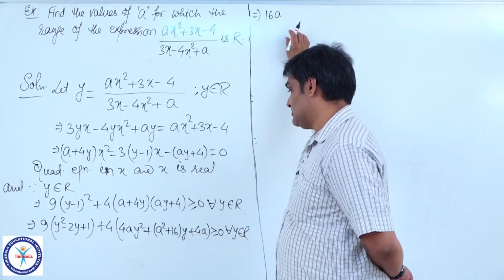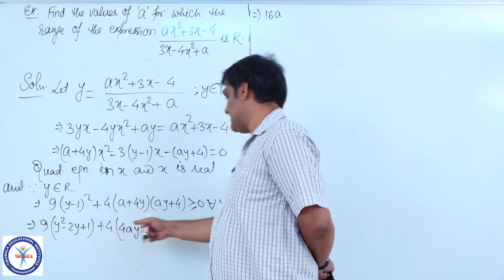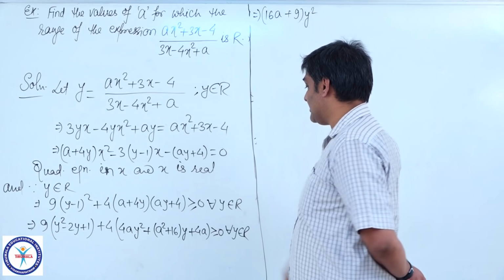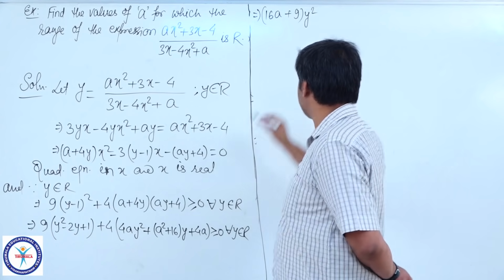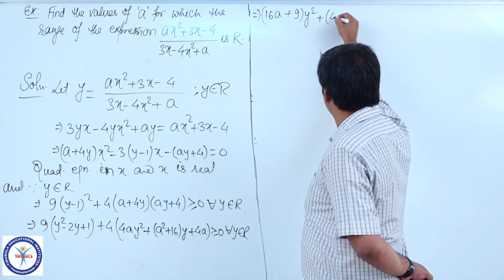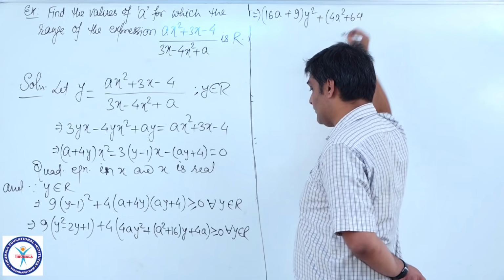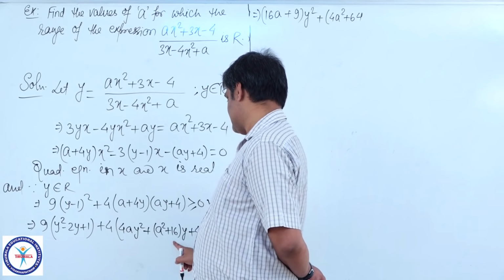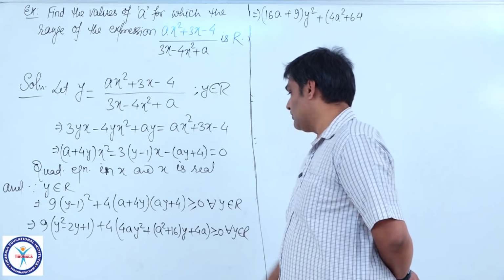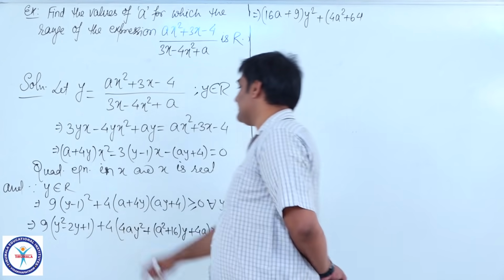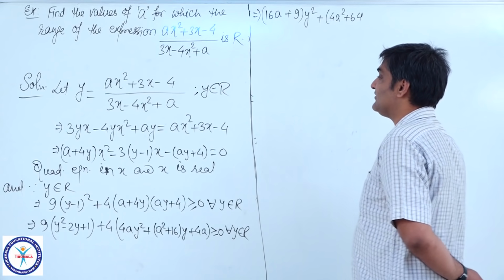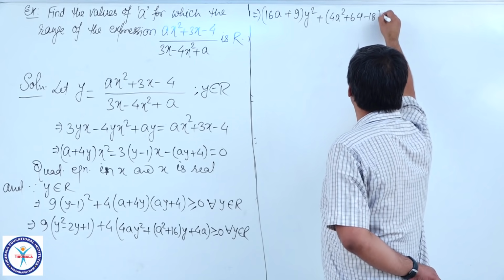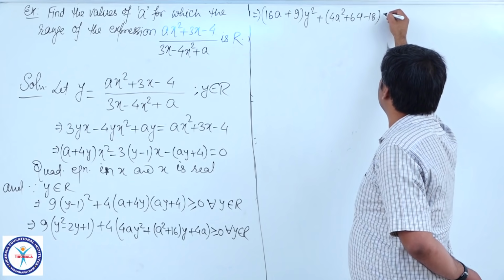This implies, the coefficient of y square is 16a plus 9. And what about y? 4a square plus 64 minus 18, which is 4a square plus 46.